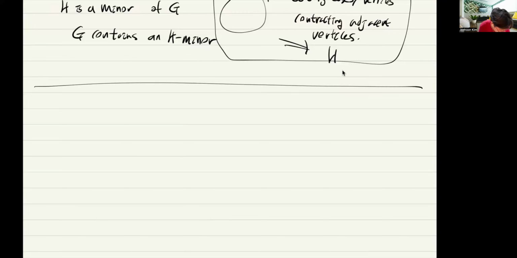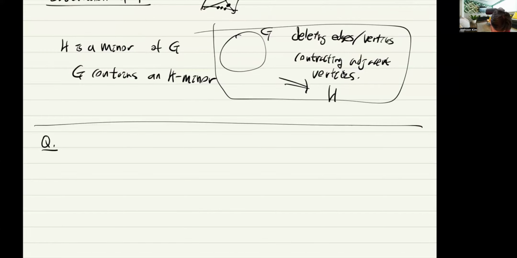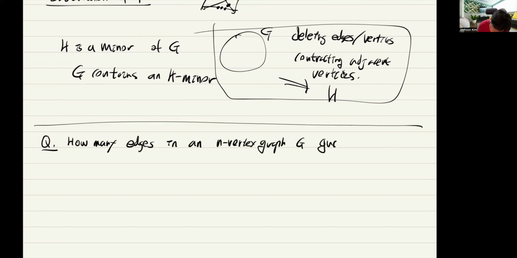So we can ask the question: how many edges in an n-vertex graph guarantee the H minor or H subdivision in G?